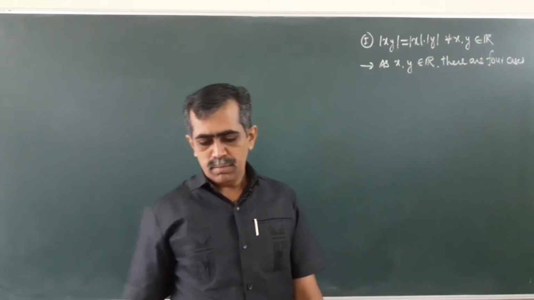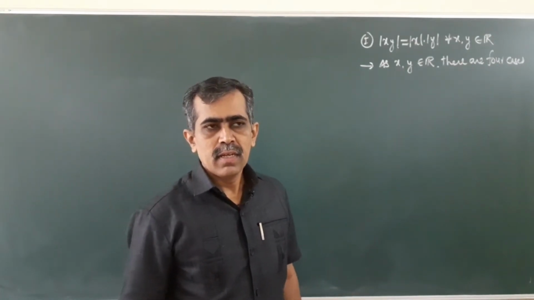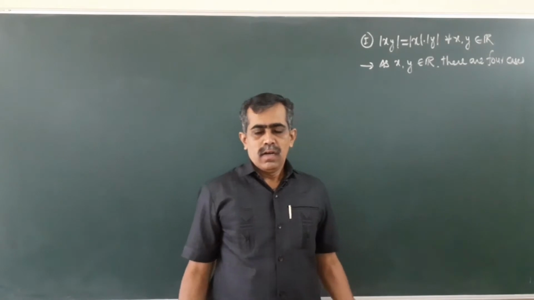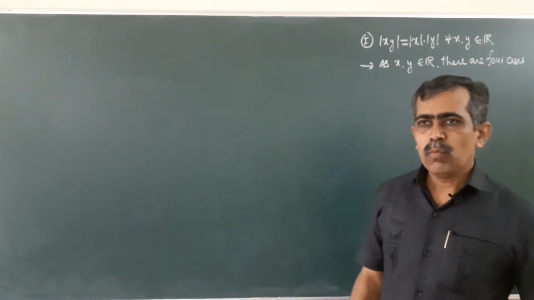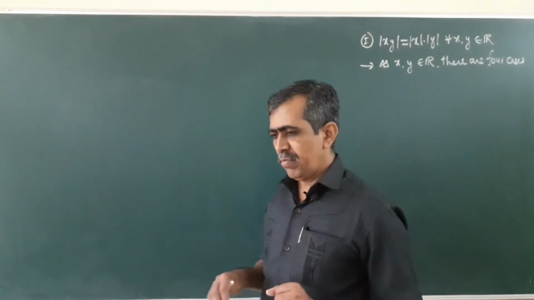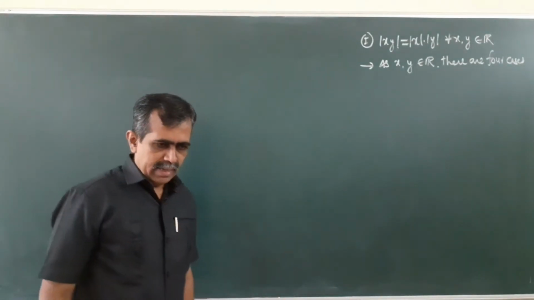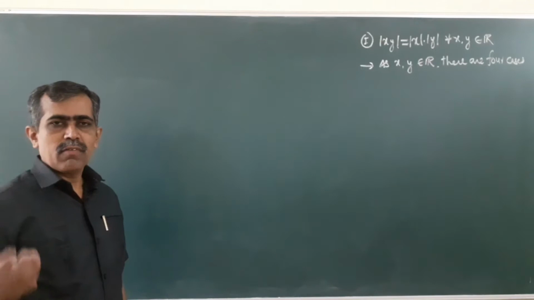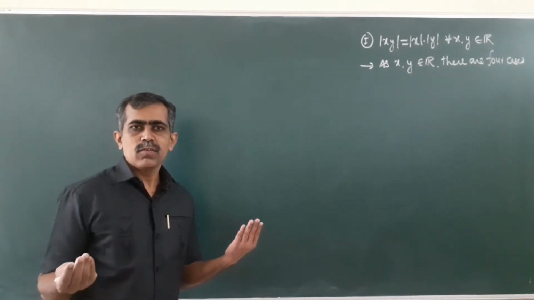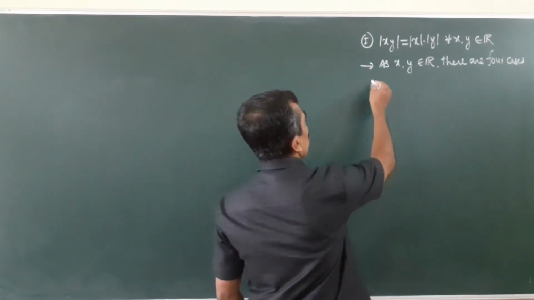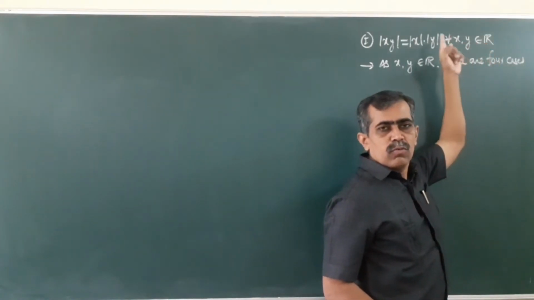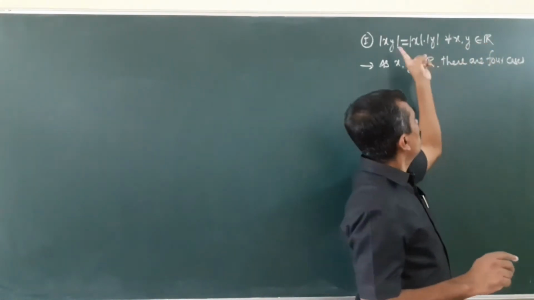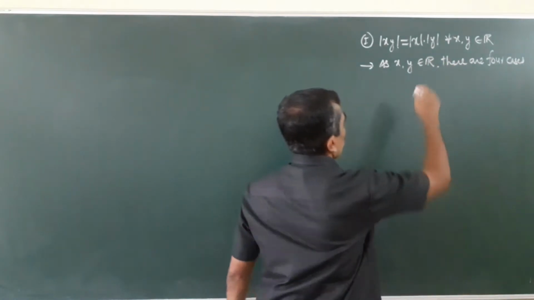If you have two real numbers, then both of them may be positive, or both of them may be negative, or the first is positive and second is negative, or first is negative and second is positive. So, we will consider all these four cases. This is true for all x and y in R, so you have to check this property for all cases.